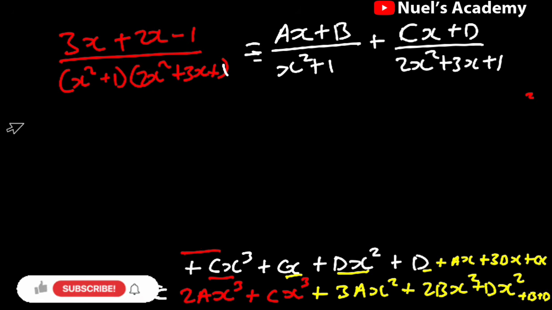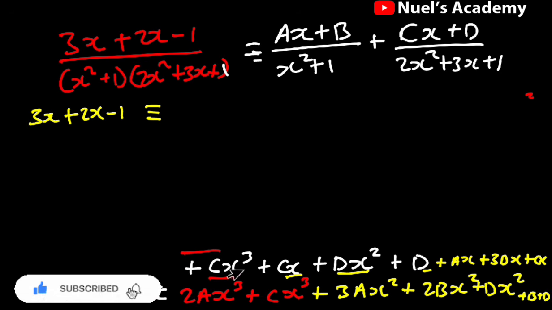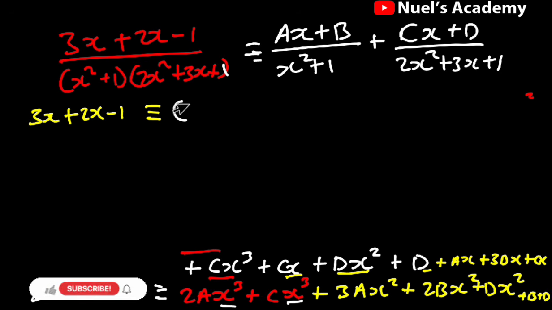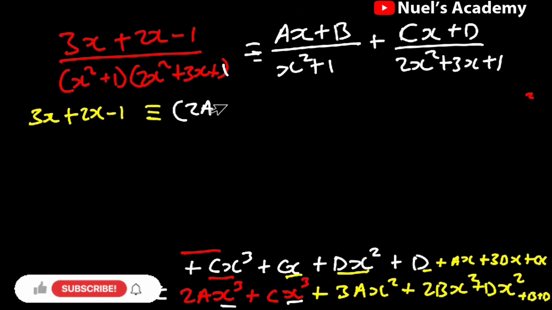Let me write all of this. So you have 3x + 2x - 1 is equivalent to, so we have x^3 and x^3. So let's factor it out. So we have (2a + c) x^3, then plus, let's factor out x^2 here.